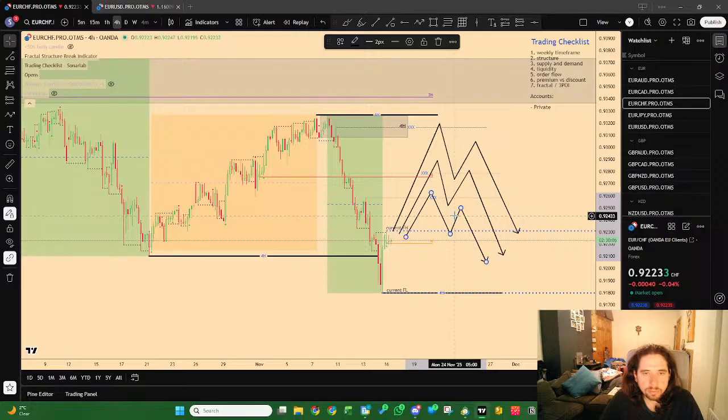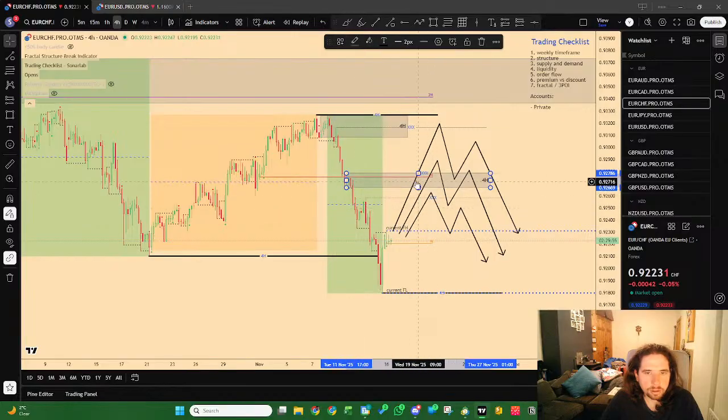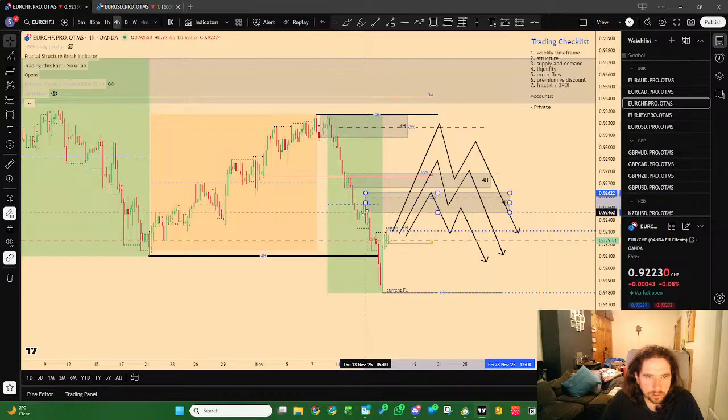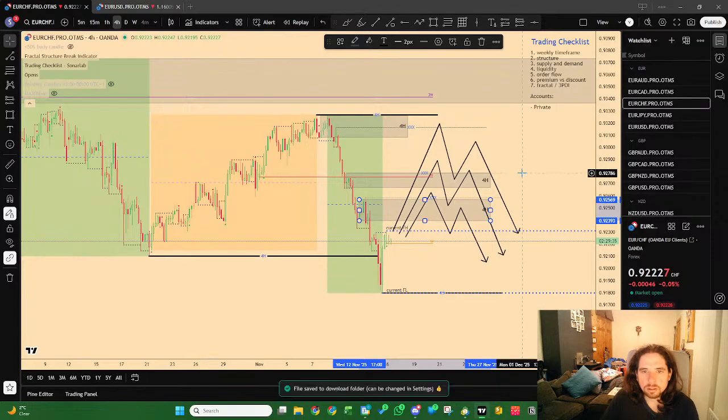This one is probably the most likely. So we have this area of supply. We have that area, and then we obviously have this area here. That area there. And there's liquidity just above it, so we can take that and then see a change of character and then shoot it down like this.